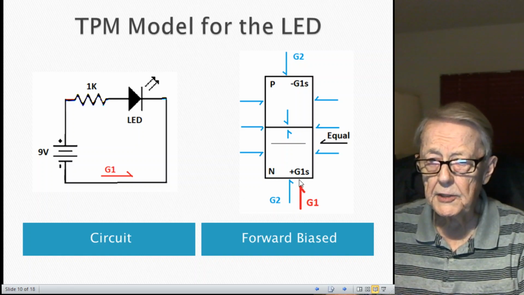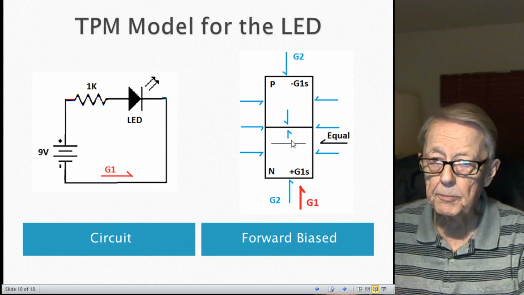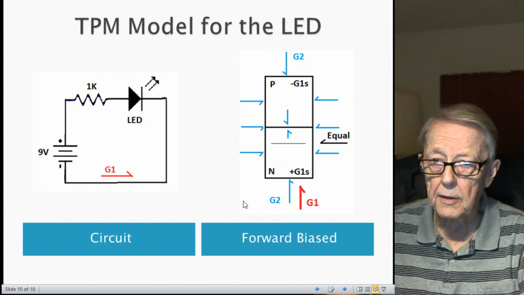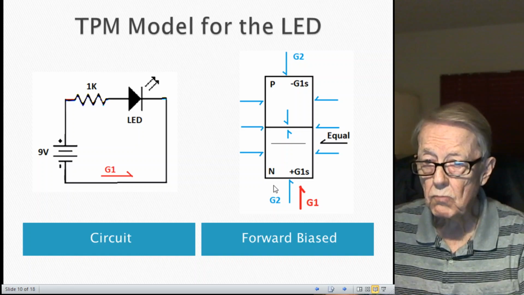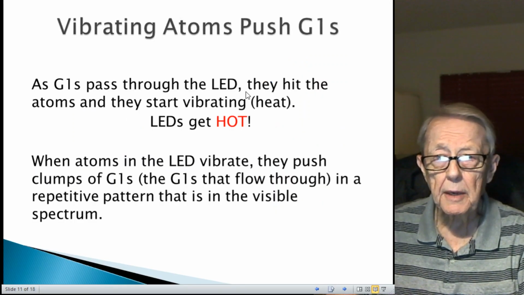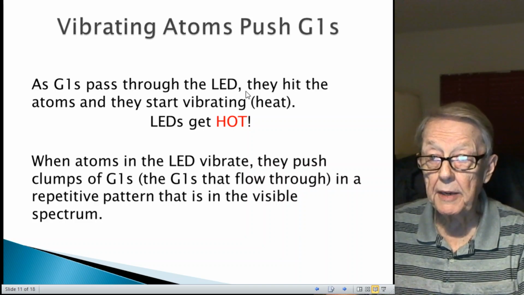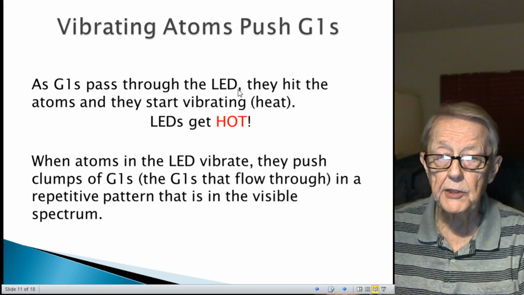So in a sense, it doesn't get much flow while it's having to overcome it. But once there's enough, then the G1 particles flow through. And that's forward bias.